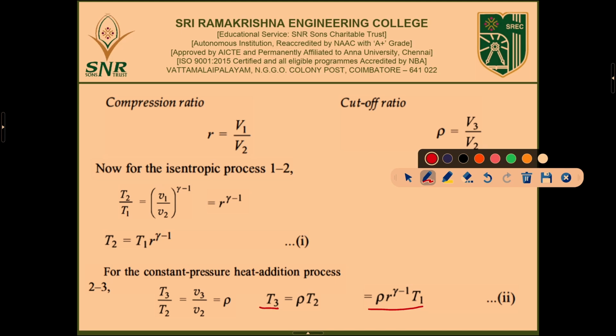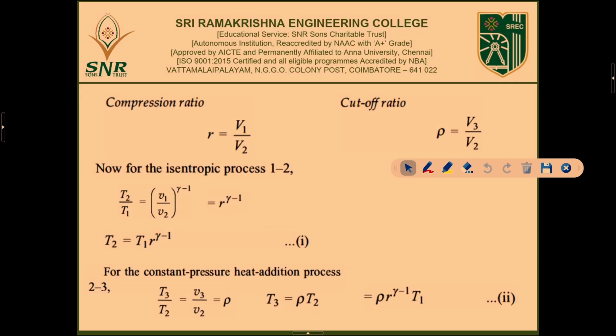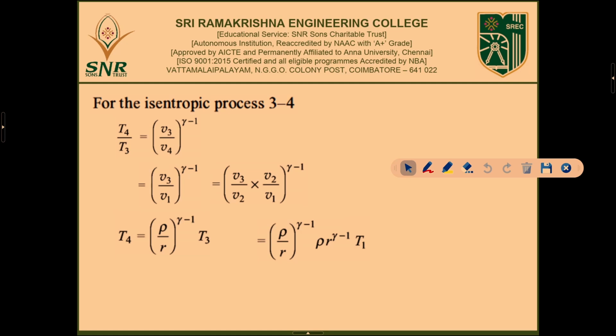So instead of this T3 you can substitute this, and then you get this equation, that is rho into R power gamma minus 1 into T1.